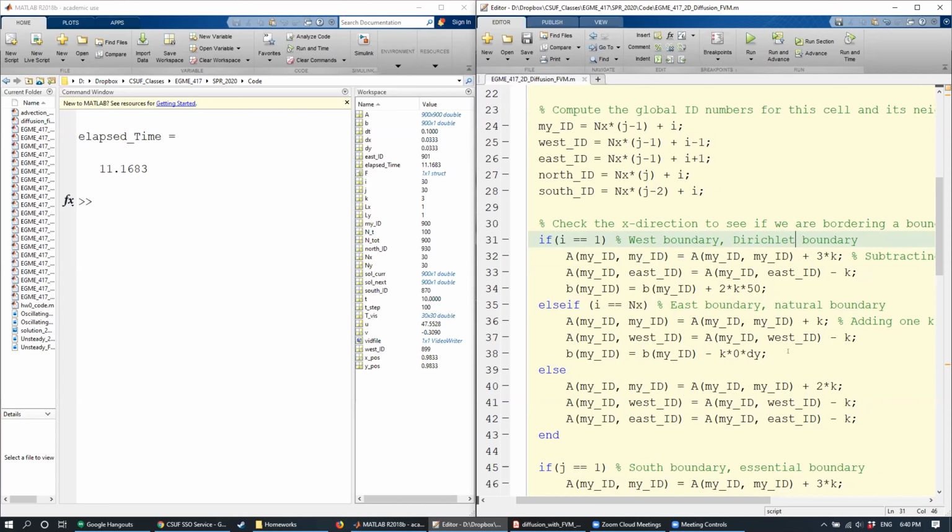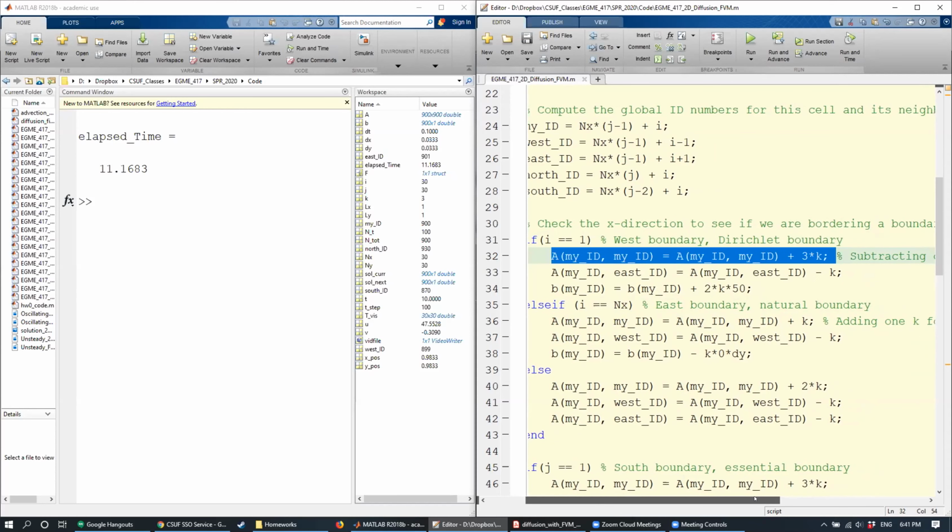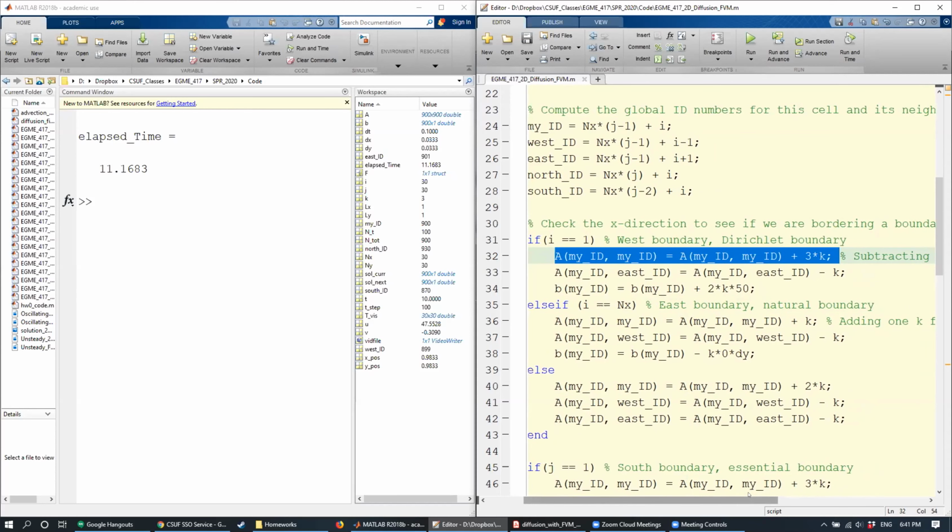If you notice here, first we have the coefficient for the diagonal term. This is A at my ID, the same as the coefficient for phi sub c. I have it backwards a little bit, I think because I have an extra negative floating right here.